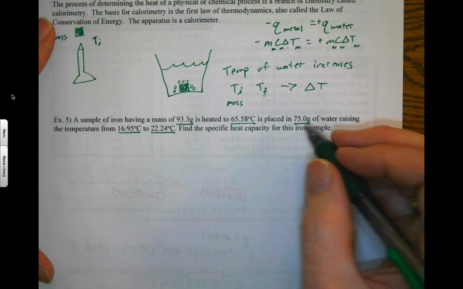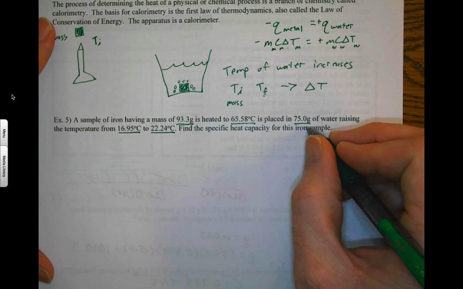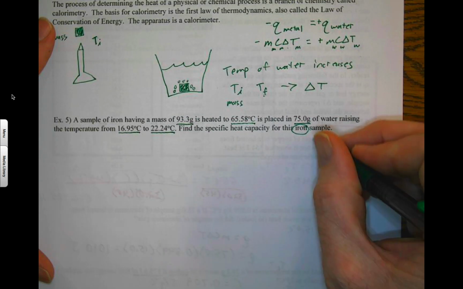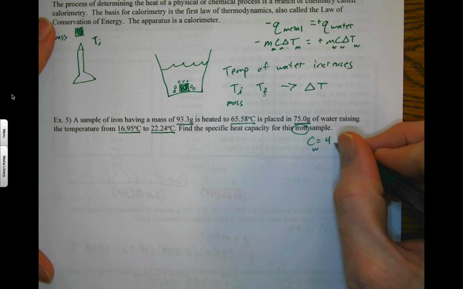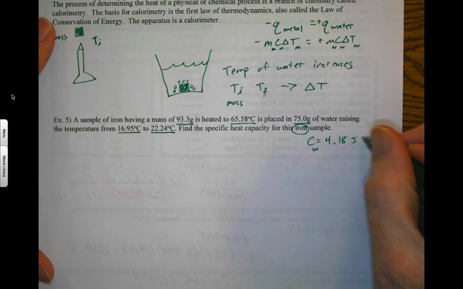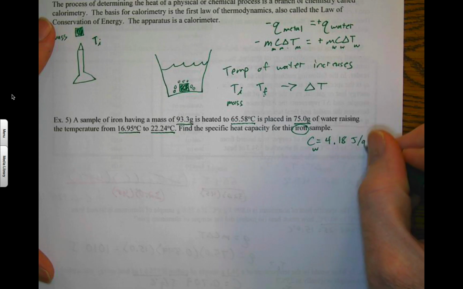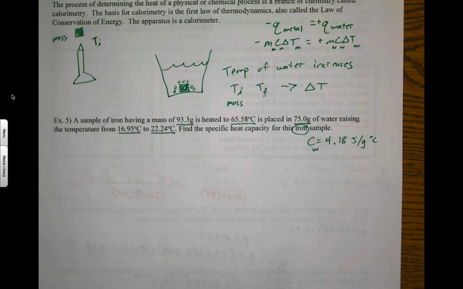Find the specific heat capacity for this iron sample. Okay, so one other extra thing you might want to know is the specific heat of water is 4.18 joules per gram degrees Celsius. And that should be good to go for what we need to know.